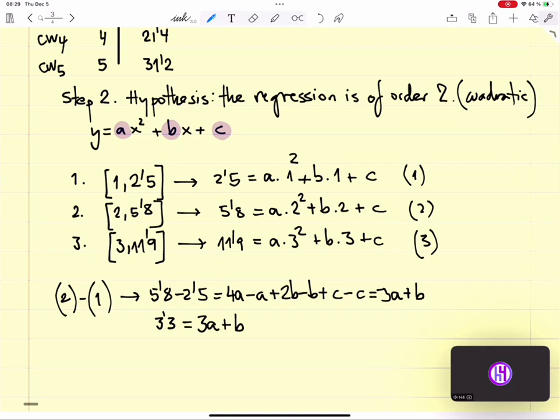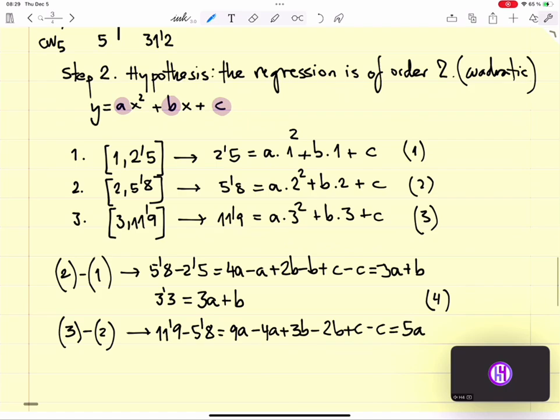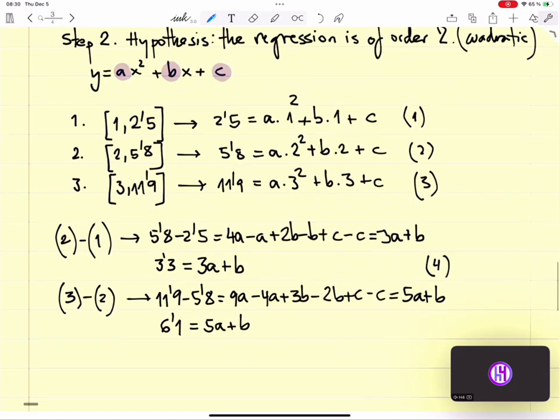This is equation number 4. If I subtract 3 minus 2, I get 11.9 minus 5.8 equals 9a minus 4a plus 3b minus 2b plus c minus c. This equals 5a plus b. So 6.1 equals 5a plus b. This is equation number 5.